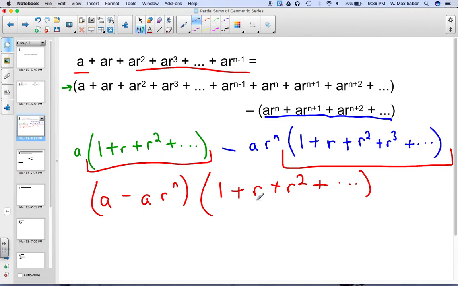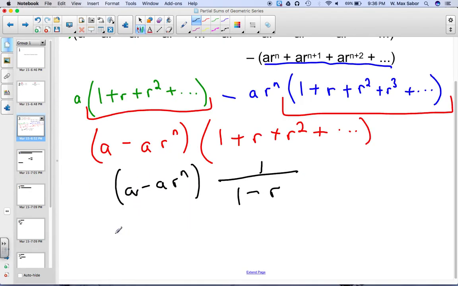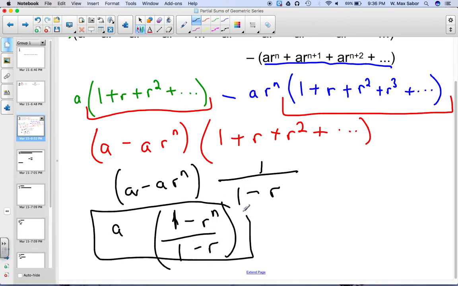Then this part, we learned a formula for that. That's 1 over 1 minus r. And this is a minus a times r to the n. Factoring an a out of this gives us a times 1 minus r to the n over 1 minus r. And this is our formula that we will be using.